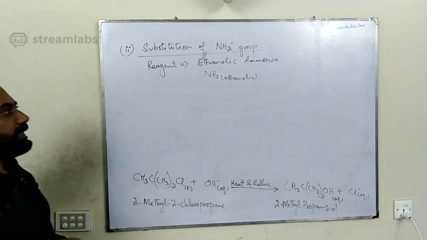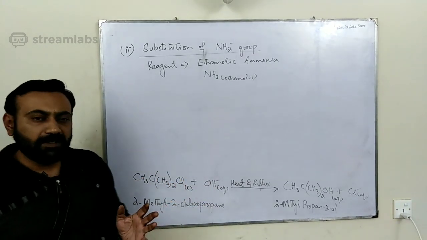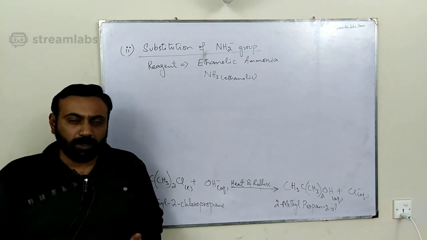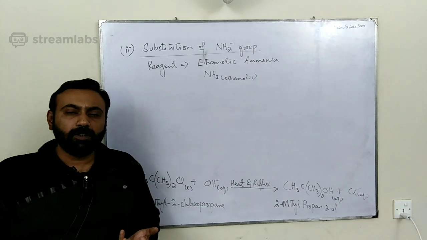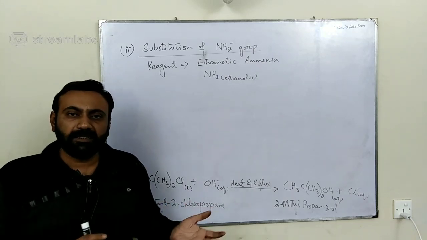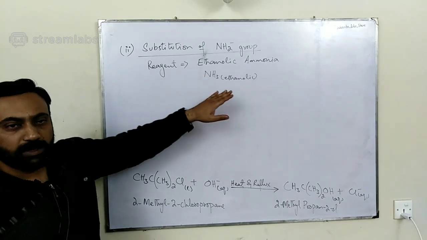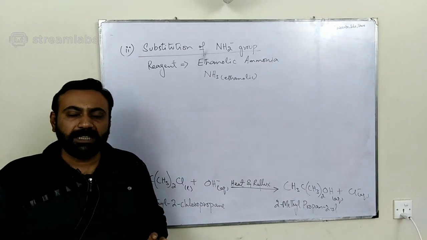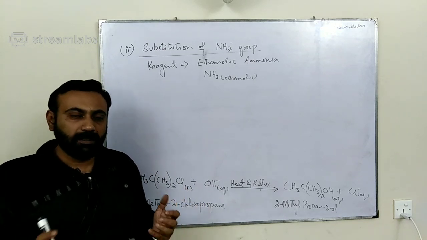And what do we mean by that? Ethanolic means dissolved in ethanol. Just like aqueous means dissolved in water, if the solvent used to dissolve the solute is not water, instead it is ethanol, then we call it ethanolic ammonia. If we use aqueous ammonia, this reaction will not proceed, but if we use ethanolic ammonia, this reaction will proceed.